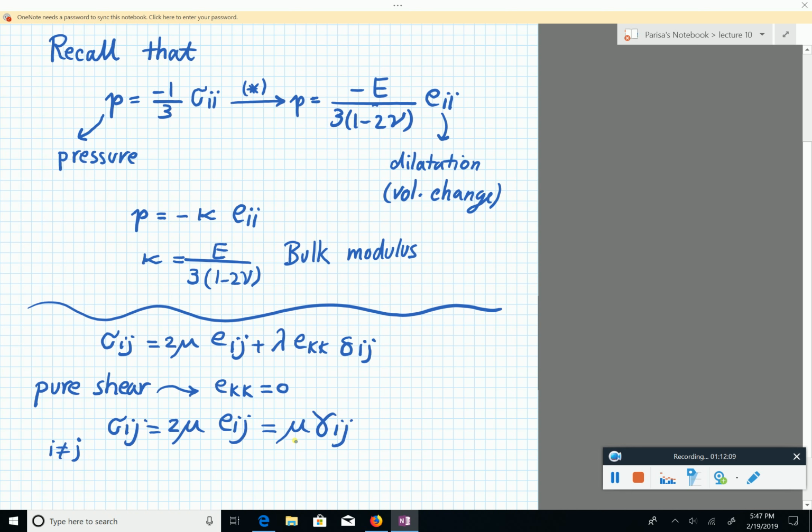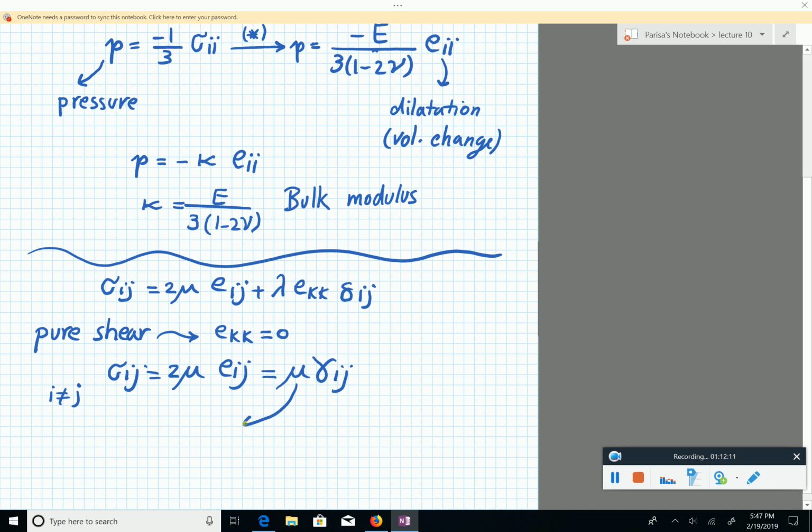So this mu, what is this then? Have you seen this before? Yeah, it measures change in angle, but this is an elastic constant which relates the shear stress to shear strain. Shear modulus. That's what I wanted to hear.